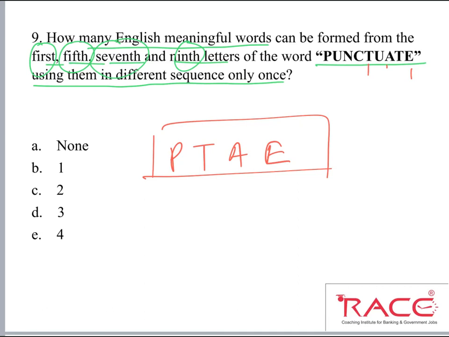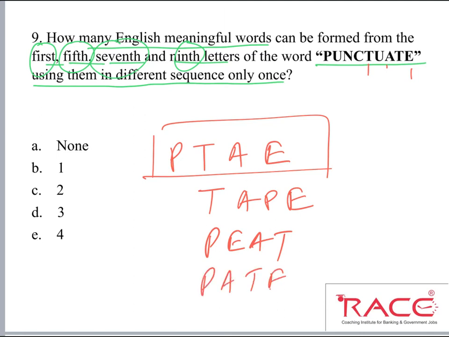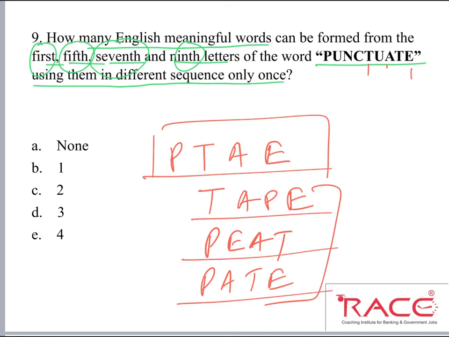So one I can make is TAPE. One is PEAT, and third is PATE. So by using each letter once and in a random order, how many meaningful words can we make? 3. Okay, so my answer will be D.